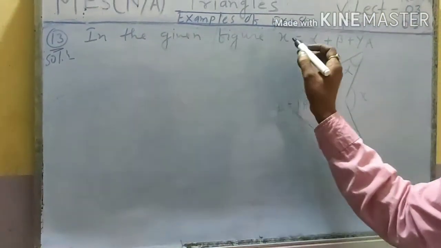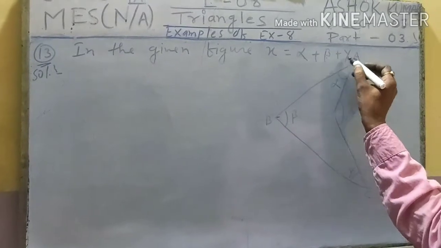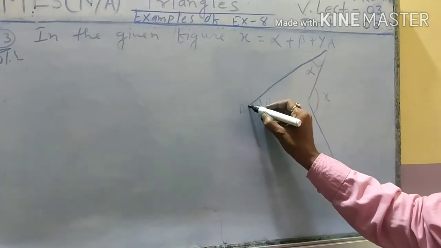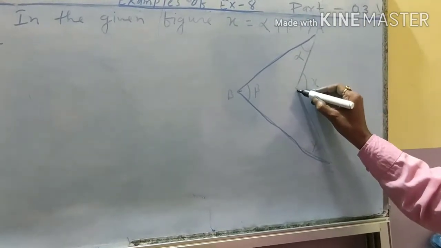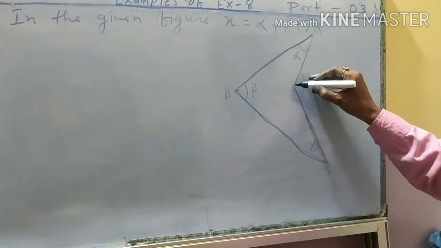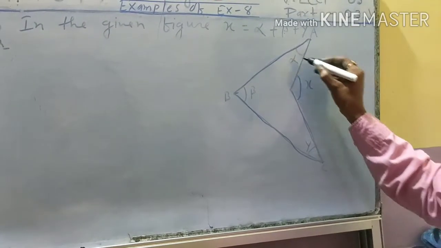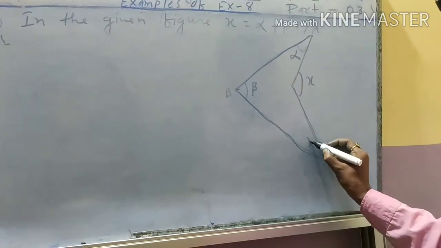In the given figure, prove that x is equal to alpha plus beta plus gamma. This is the given figure, students. This value is x, this value is alpha, this is beta, and this one is gamma.